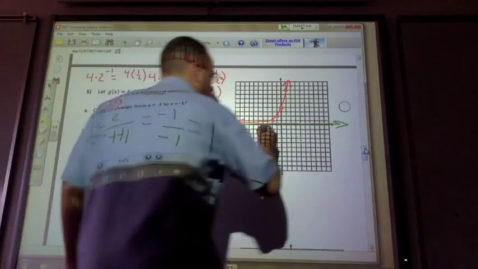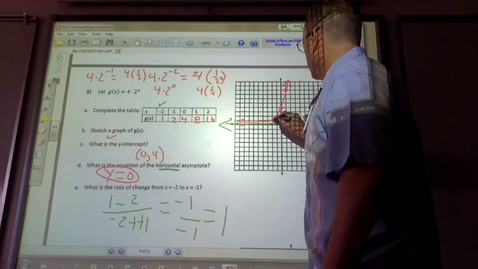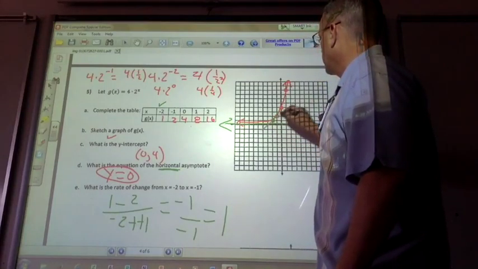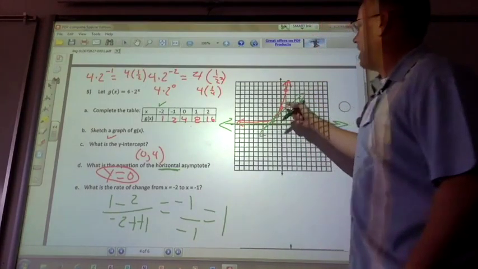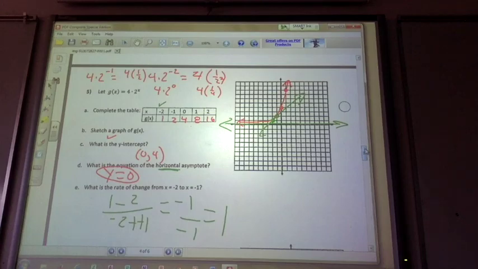So that means that the slope from here to here is 1. That's what the rate of change is. Okay? Good problems. I love it. Clear this?